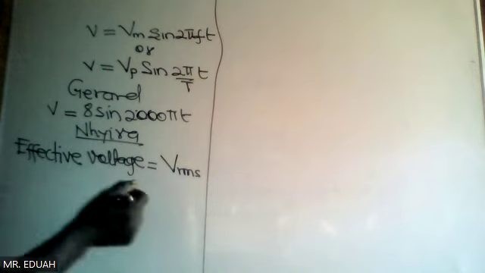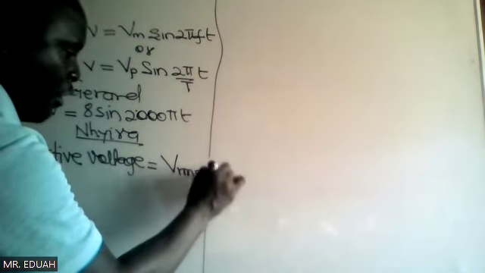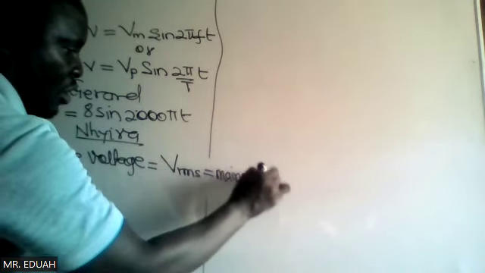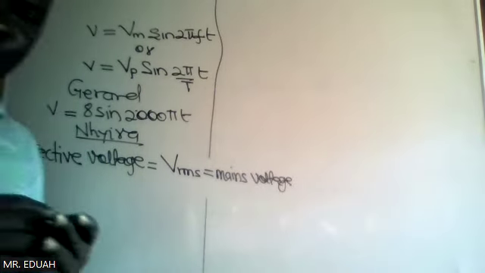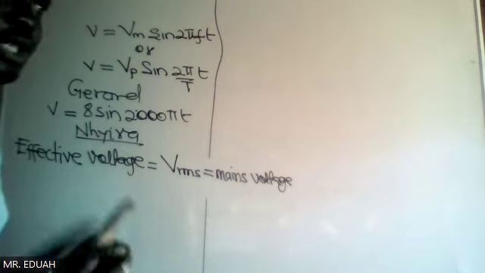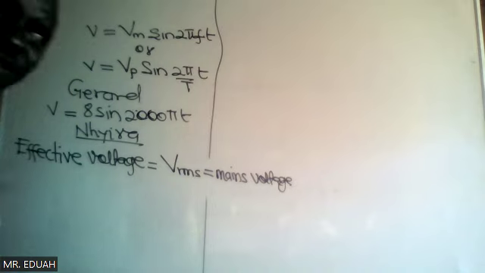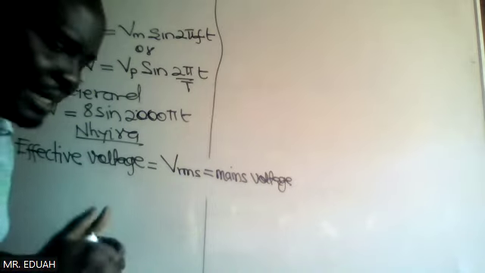This is also known as the mains voltage or effective voltage. So when you use a voltmeter to read voltage drop or EMF, you are measuring the effective voltage. You are also measuring the RMS value.